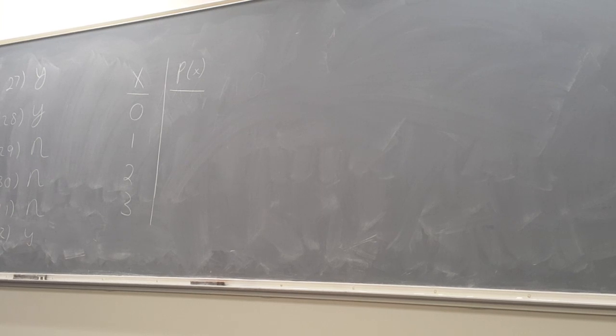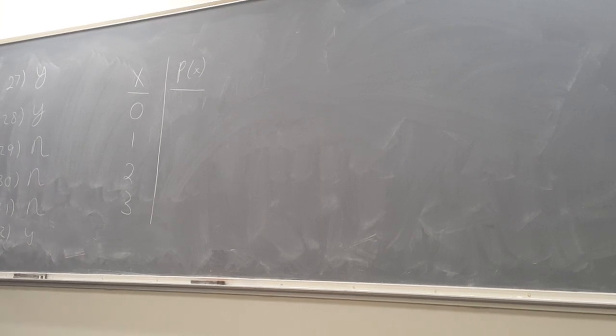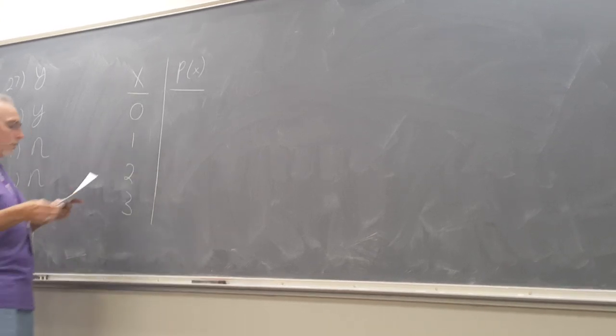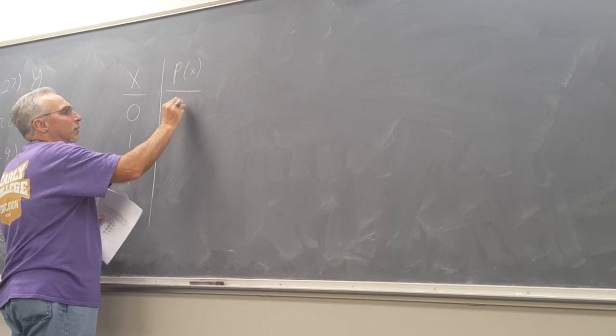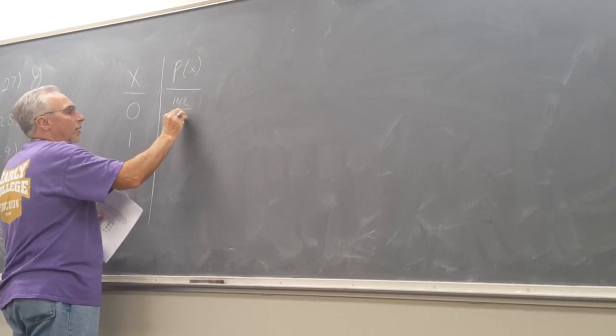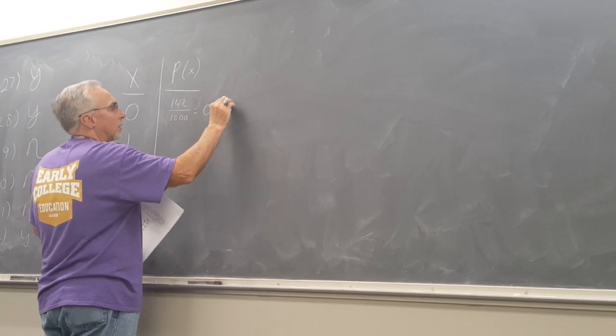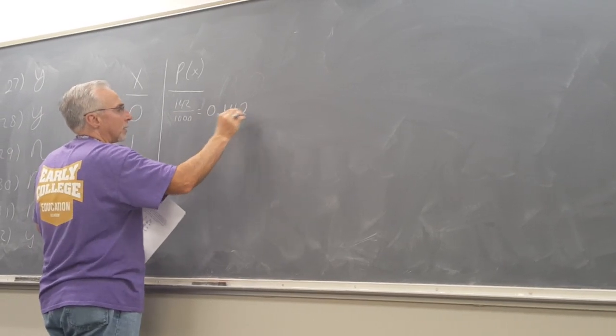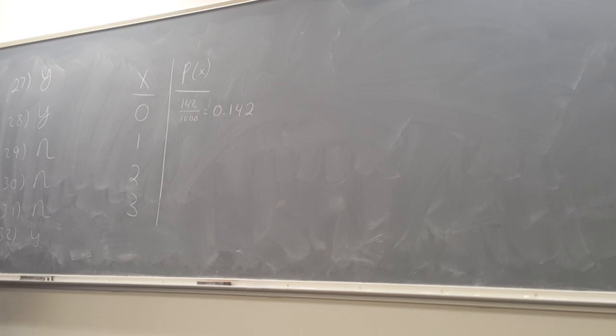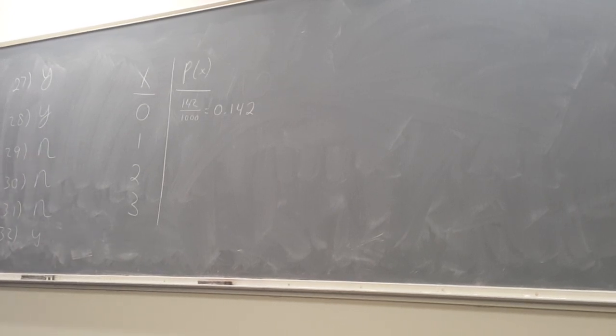And then you come up with a probability for each of those outcomes. So you take how many have each of those numbers of cars, divide by the total. So again, we had 142 out of 1,000. And they made the math nice and easy for us, because they divide by 1,000.